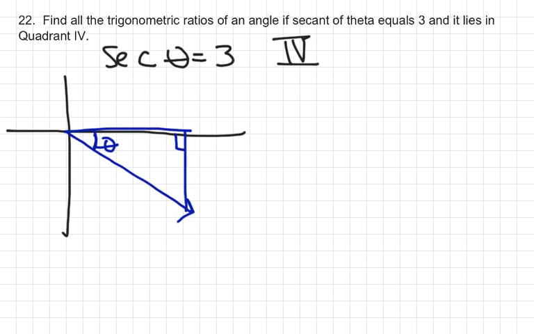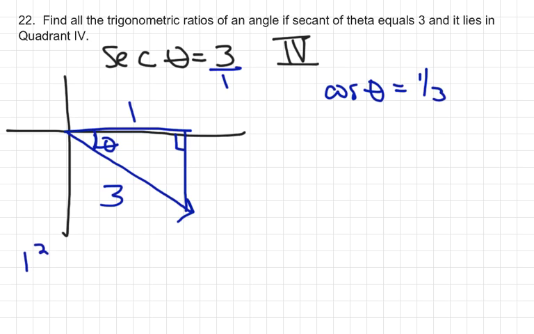If the secant is 3, remember that's the same as 3 over 1. If I know secant, then I also know its reciprocal, which is cosine. And if I know the cosine, then I know the side adjacent, and I know the hypotenuse. And I can use the Pythagorean theorem to find the side opposite.